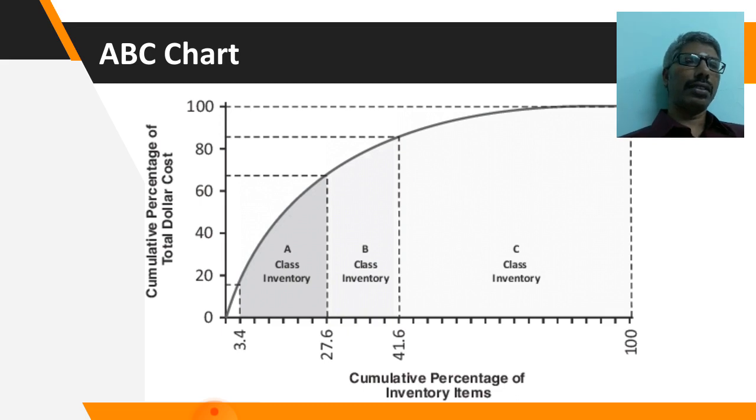And Group C has more than 60% of the total quantity, having only 20% of the total cost.